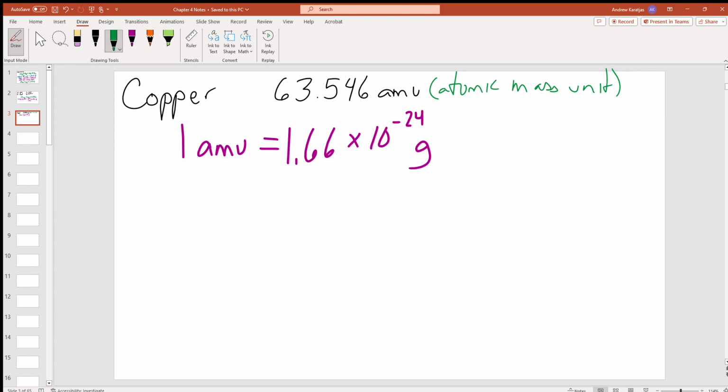So we're going to define a new term, and this is the mole. And 1 mole of any substance is equal to 6.02 times 10 to the 23rd of that substance. And this is known as Avogadro's number.